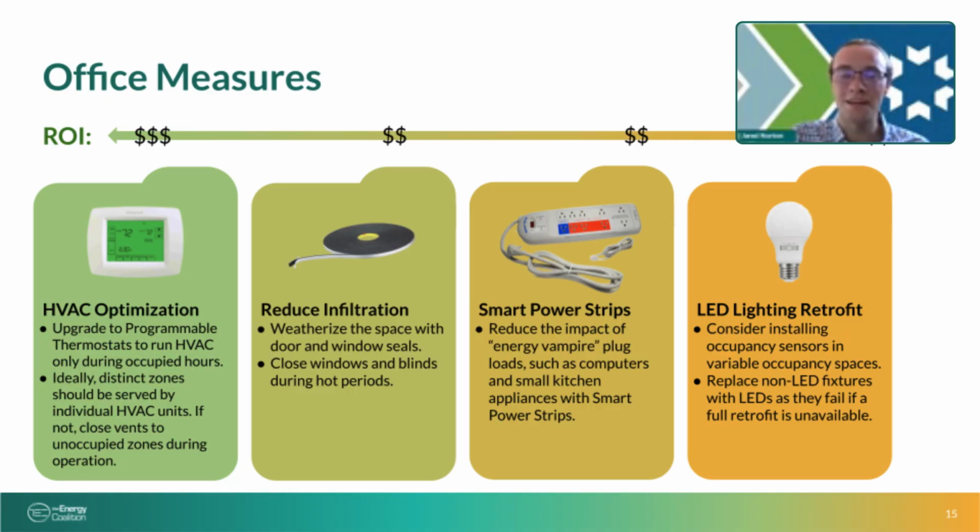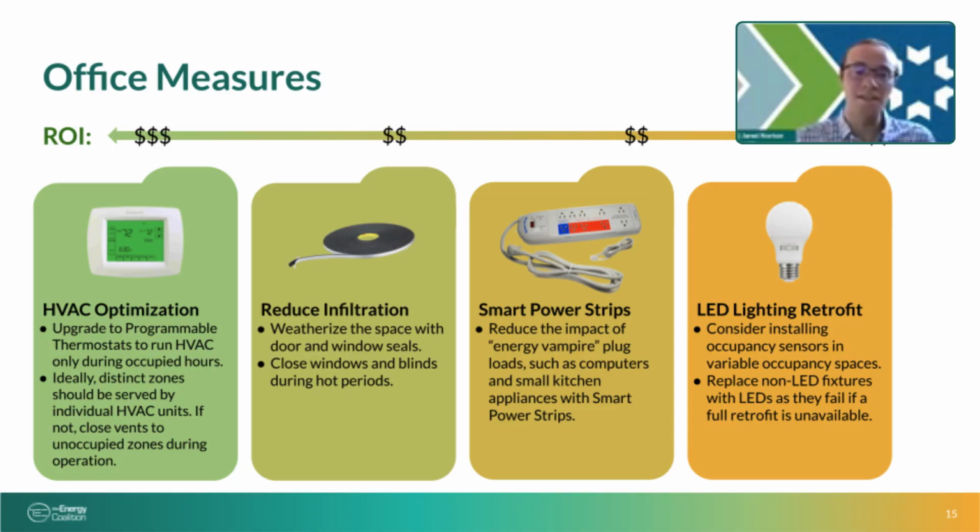What you don't want is one rooftop unit serving all the offices in your space, and maybe the principal's office is by a sunny window, and so when they get warm, there is cooling for the entire office. That kind of overkill is what zoning is supposed to limit. And if you don't have advanced controls, closing or just minimizing vents to unoccupied spaces is a good alternative.